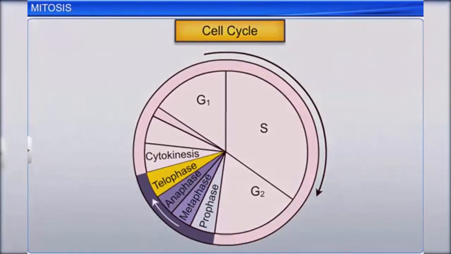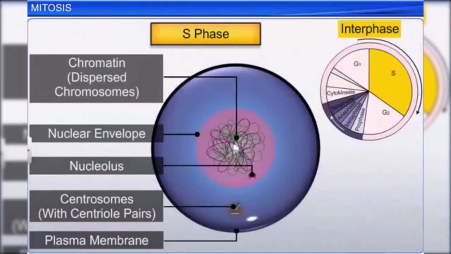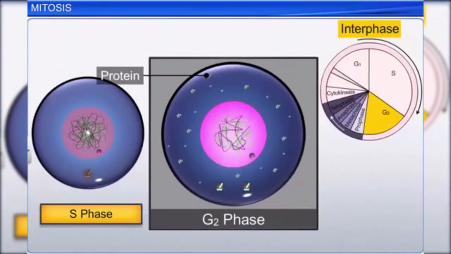Prophase is the first phase of mitosis and follows the S and the G2 phases of interphase. During the S phase, the DNA synthesizes or replicates, and in the G2 phase, the cell continues to grow, but the DNA molecules formed are intertwined and not distinct.